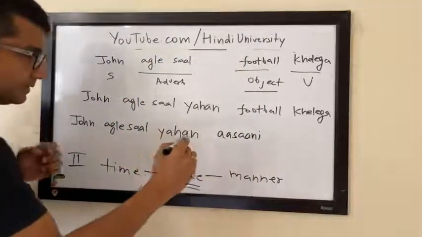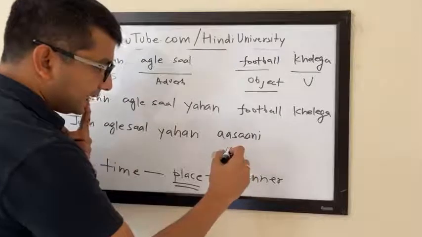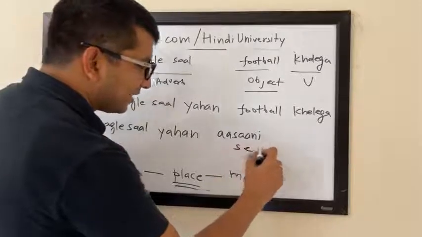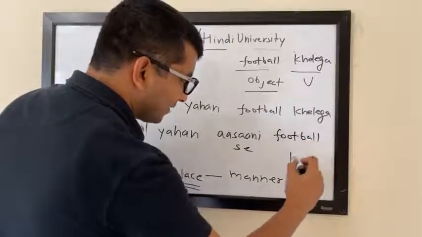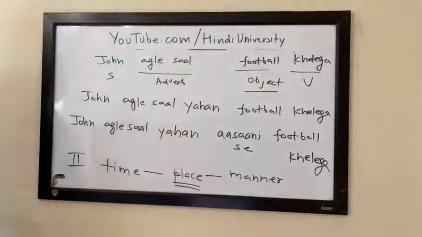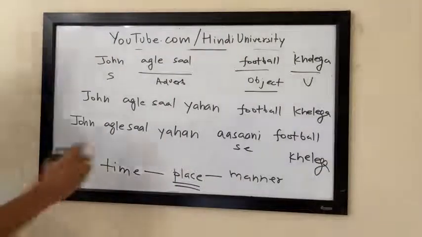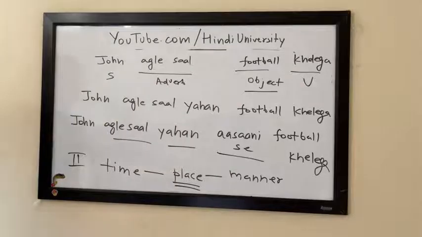Easily. आसानी से. Very good. Football खेलेगा. Awesome. Okay. John अगले साल यहाँ आसानी से फुटबॉल खेलेगा. So you have time, place and manner. Okay. All of them are here.